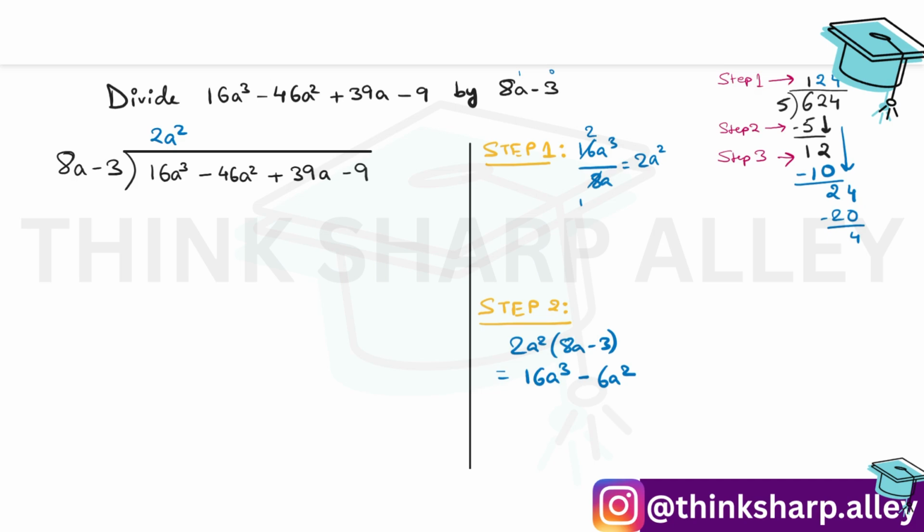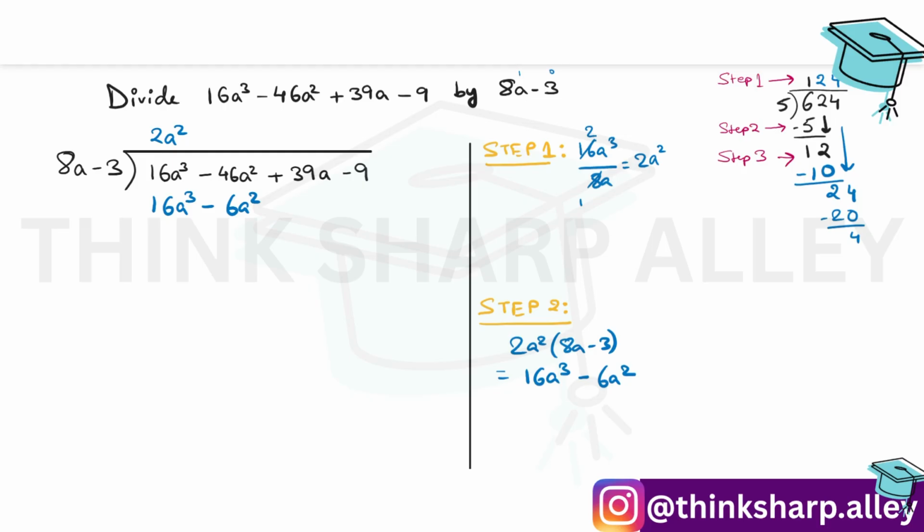And we write this result under the dividend, aligning like terms, which means a cube under a cube and minus 6a square. It means terms with the same powers are written one below the other. Now we have to subtract. That was our step 3.